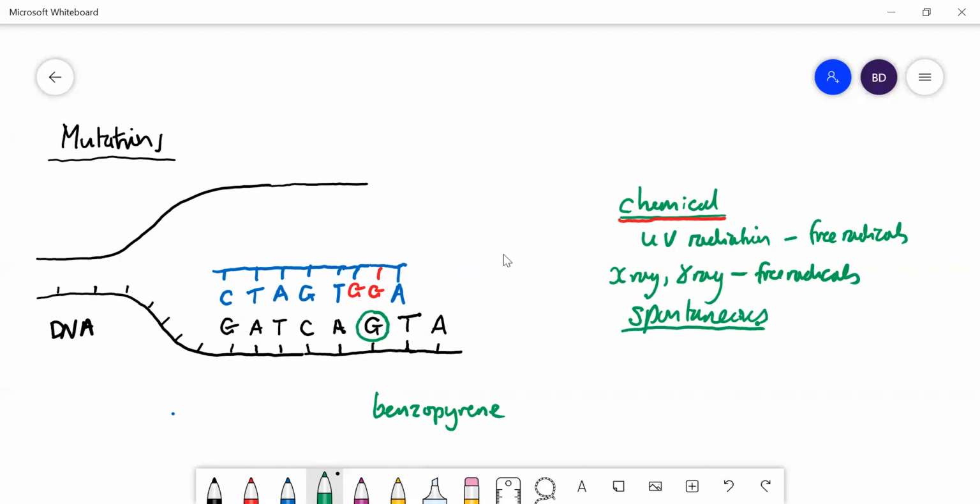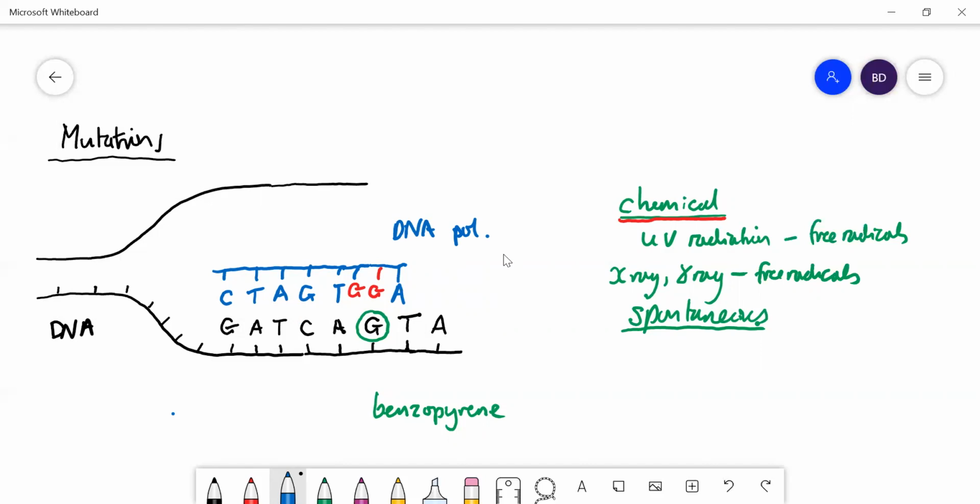Okay, so DNA polymerase is an enzyme which is working along down here. It doesn't make many mistakes, and in fact it has a proofreading facility as well. So if it does make a mistake, it can correct it, but nevertheless sometimes mistakes do occur. DNA polymerase may insert the wrong base, or it may leave one out, or insert an extra one.